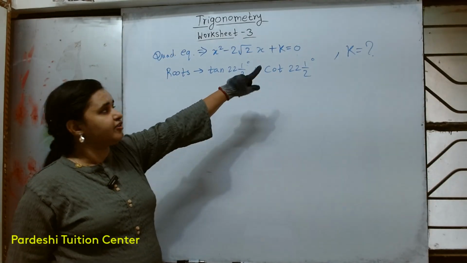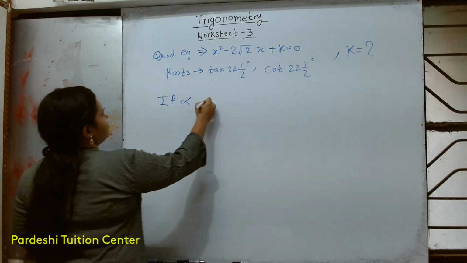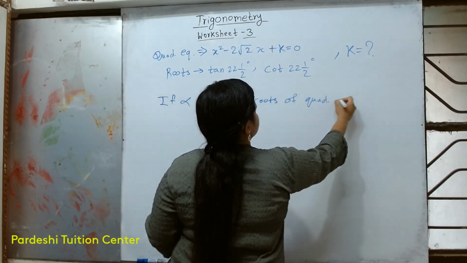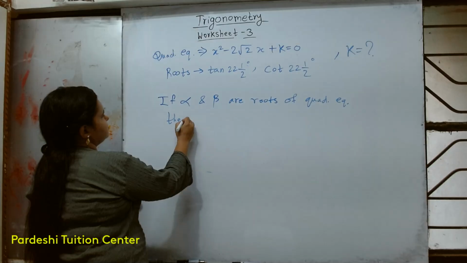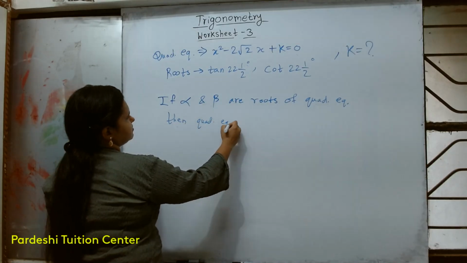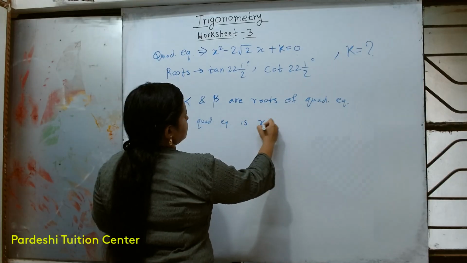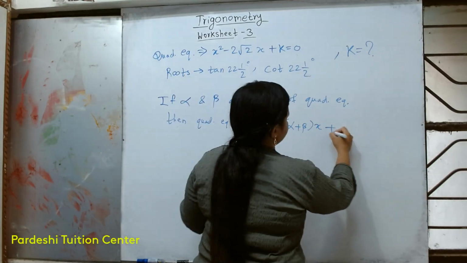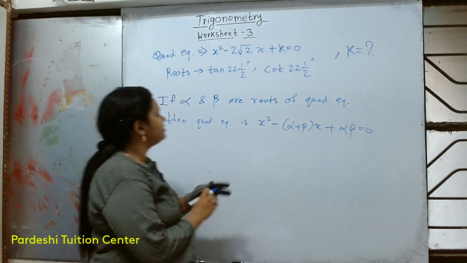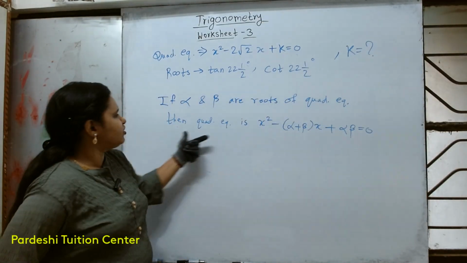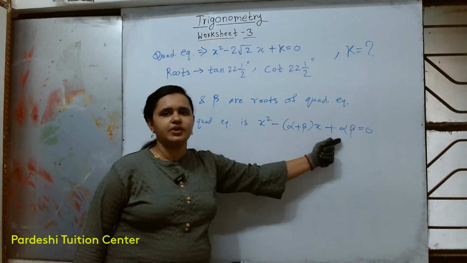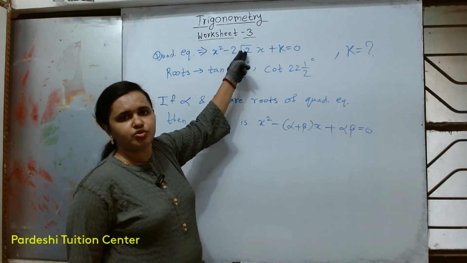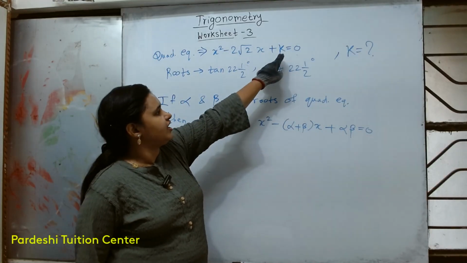It is x square minus (alpha plus beta) into x, plus alpha beta, equals 0. I write it again: if alpha and beta are roots of a quadratic equation, then the quadratic equation is x square minus (alpha plus beta) x plus alpha beta equals 0. In this form, x square minus (alpha plus beta) x plus alpha beta, we take 2 root 2 as alpha plus beta and alpha into beta is k.